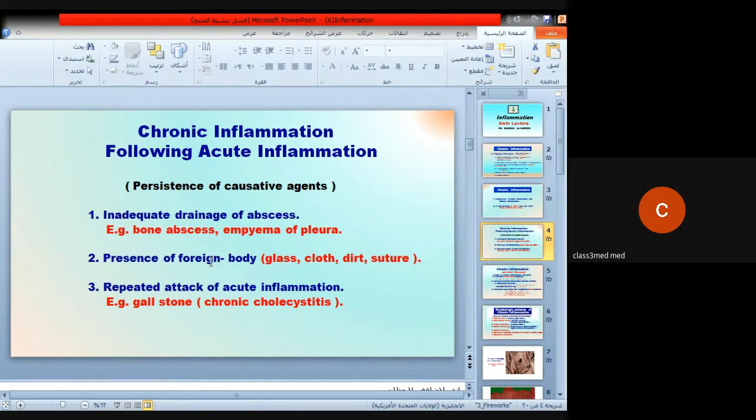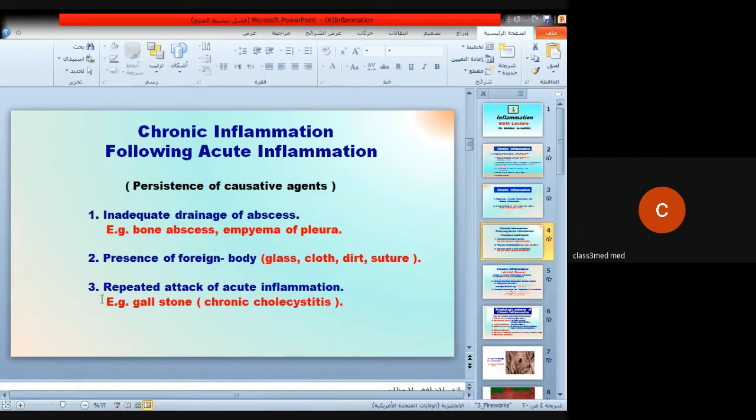Usually, the surgical sutures used for internal organs are absorbable. Sometimes they are not absorbed due to bad quality or being expired. That remains and is present as a foreign body, predisposing to chronic inflammation.